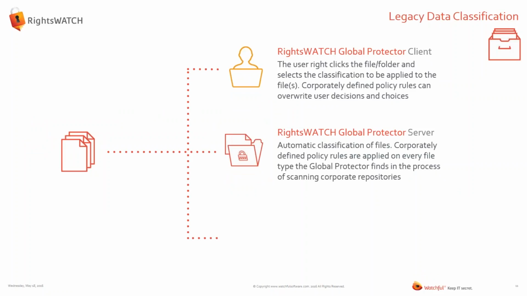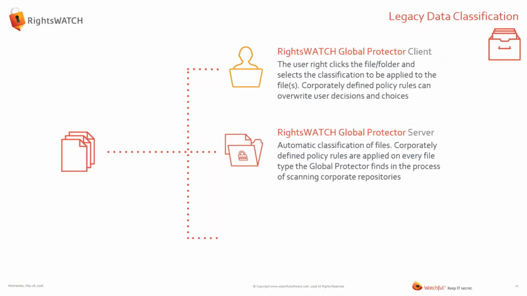All these types of rules that we have seen regard new data and are applied in the moment of creation of the file or the email. But how does RightsWATCH address the legacy data issue? All those unclassified pre-existing data in users' desktops, shared network drives, or cloud-based drives. So this can be done with RightsWATCH in two ways.